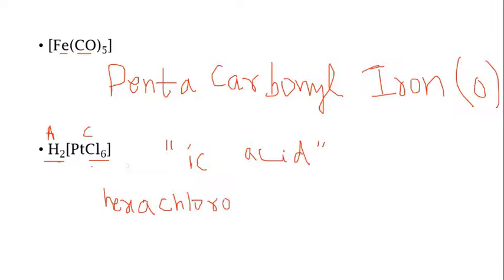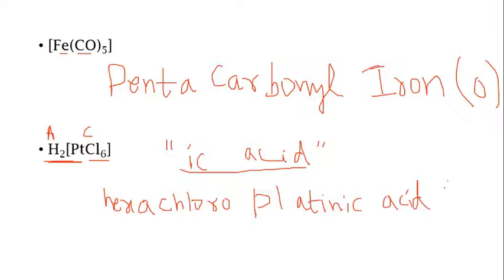Then the central metal is platinum. So platinic acid, IC. This is because hydrogen is outside. So for such complexes, you will end your metal name using IC acid. So platinic acid. And then you will write the oxidation state of platinum, and in this case the oxidation state of platinum is +4.